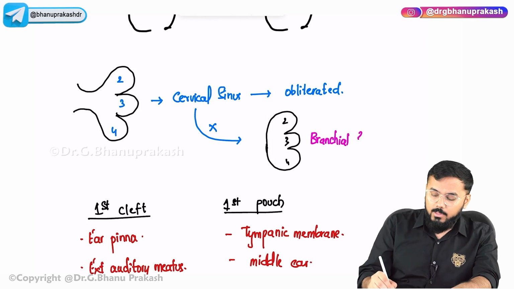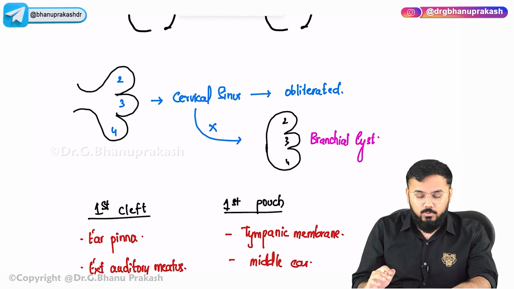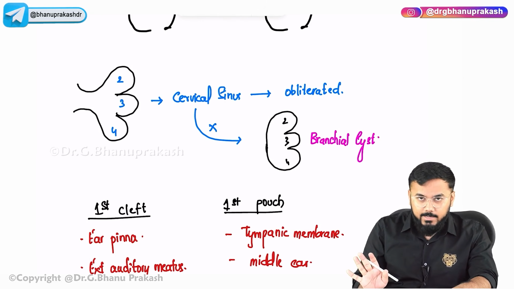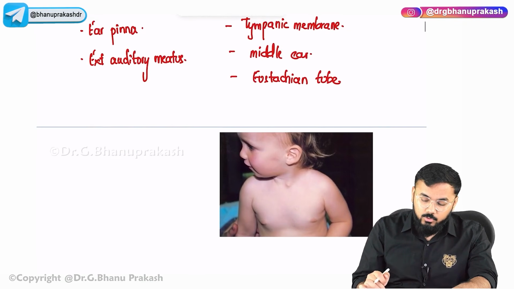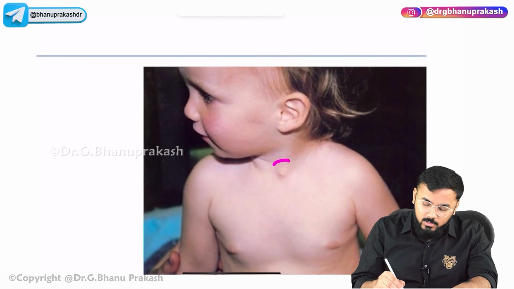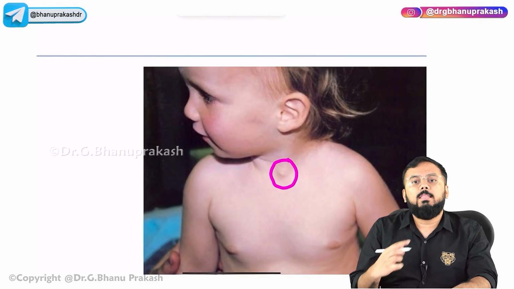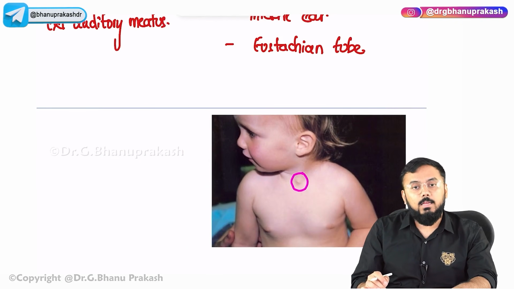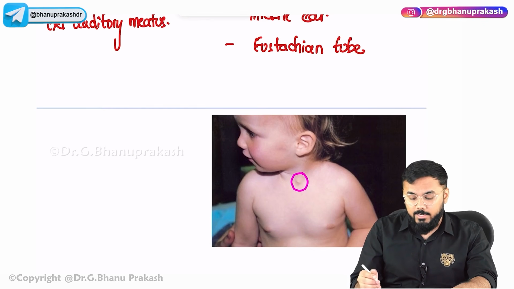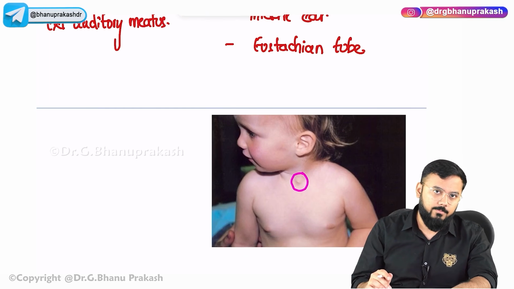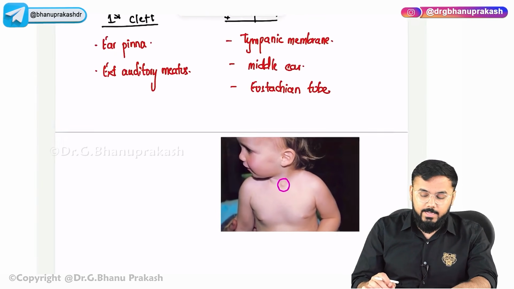So first whatever is formed is a cervical sinus, which will be obliterated. If it is not, that would lead to formation of a branchial cyst. So you can see a small cyst in this child over here in the neck region. This is the cervical sinus which has not been obliterated. So this is your branchial cyst.